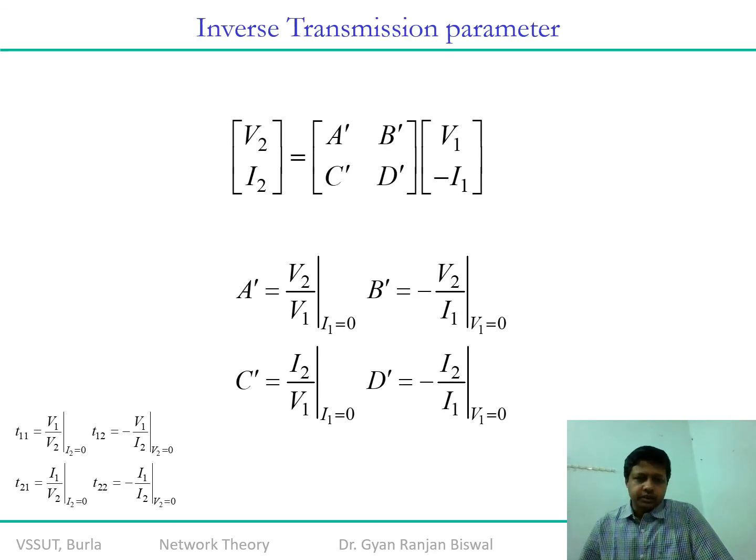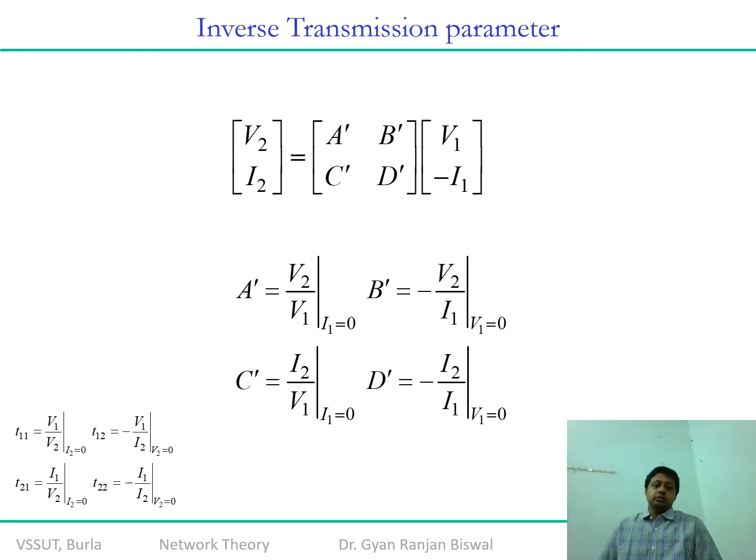For the sake of simplicity, we can verify the value of the ABCD parameters. Here it is mentioned in the bottom left corner of the slide, in terms of T11, 12, 21 and 22. That is nothing but the value of ABCD. In the case of A, for example, it is V1 by V2, keeping I2 equal to 0. Whereas in this case, it is the ratio of V2 by V1, that is reverse, but by keeping I1 equal to 0.